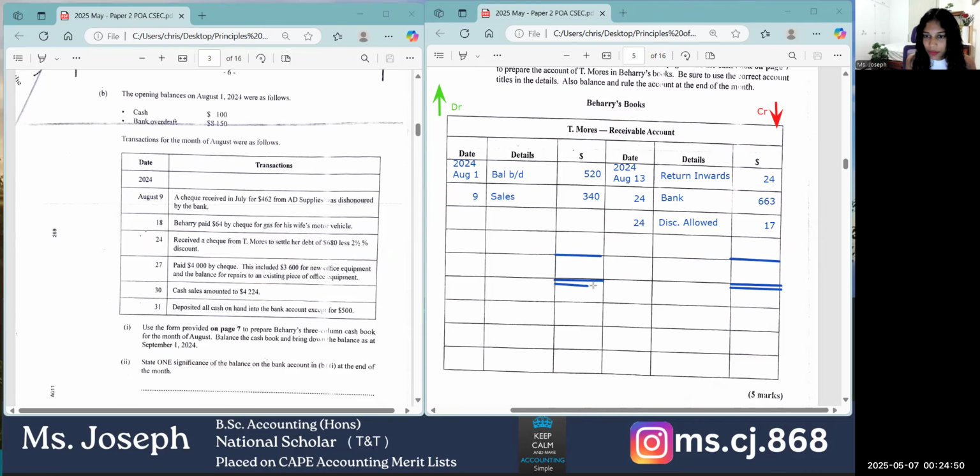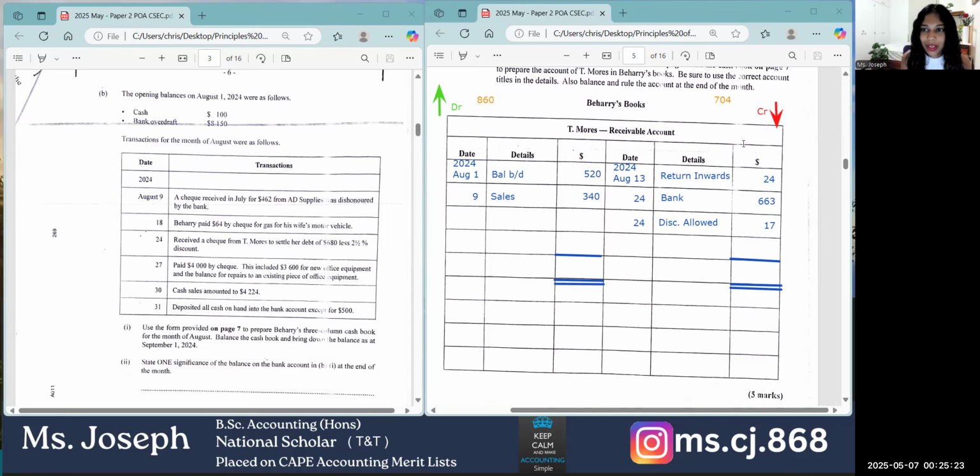All right, so now we have to add up and see which side is the greater side. When I add the debit side, 520 plus 340, I should get 860. I'm just gonna write it on top here. I'll erase it after. And then when I add my credit side, 24 plus 663 plus 17, I'll get $704.